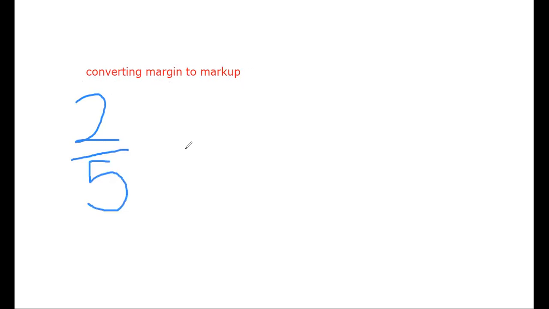Okay, now you're told that your margin is 2 over 5. And you are given your cost of sales and margin, and we know that cost of sales and margin cannot work together. So what do you need to do? So because of that, you'll be required to convert your margin to markup.